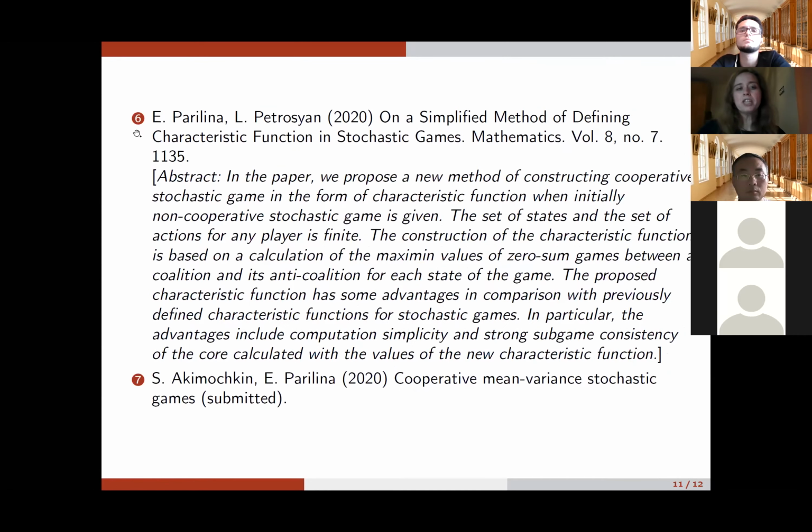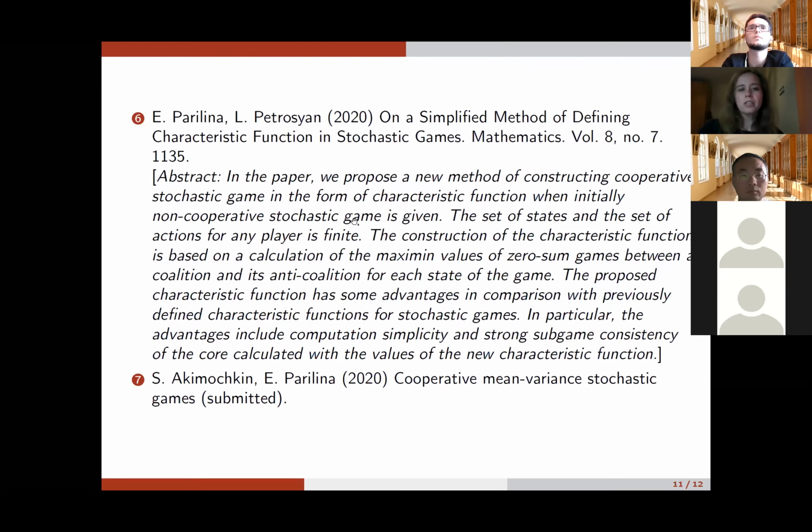Publication 6 is also written with Leon Petrosyan, and it is published this year. We suggested a new simplified method of defining the characteristic function in stochastic games. It is useful to apply this method when you want to construct a cooperative stochastic game.